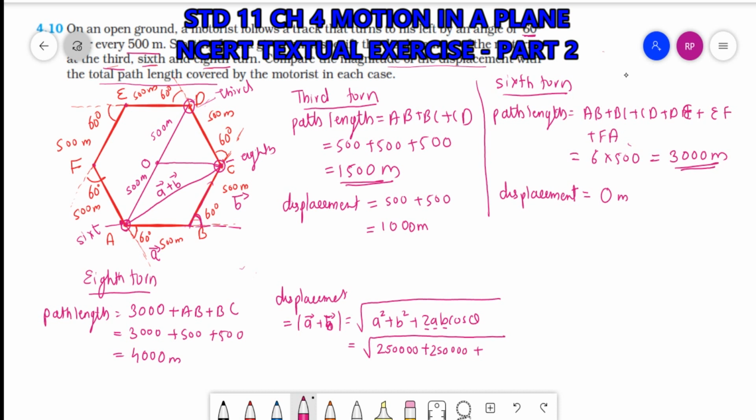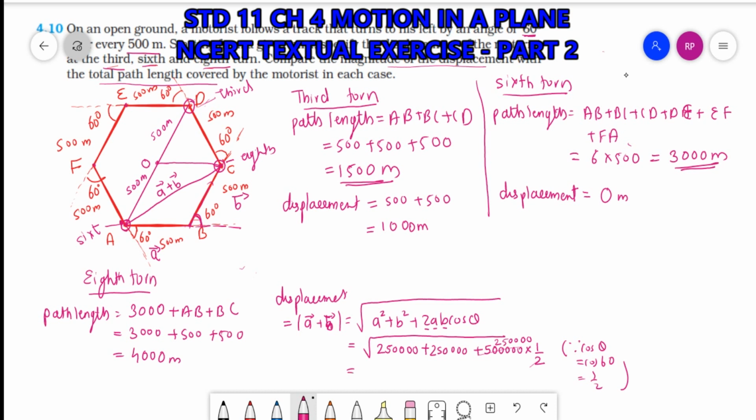So that will be equal to 500000, and cos theta. So what is cos theta here? Theta is 60. So the value of cos 60 is 1 upon 2, because cos theta equals cos 60, and that is equal to 1 by 2. So the 2 and 1 by 2 cancel out, this will be again 250000.